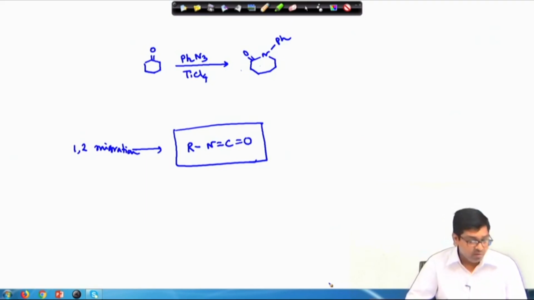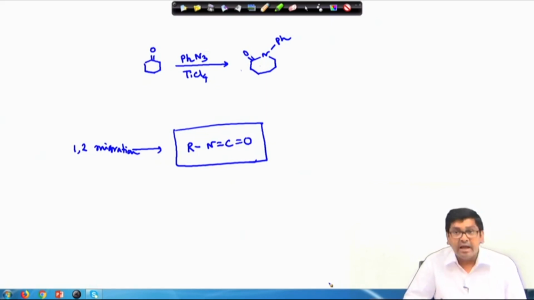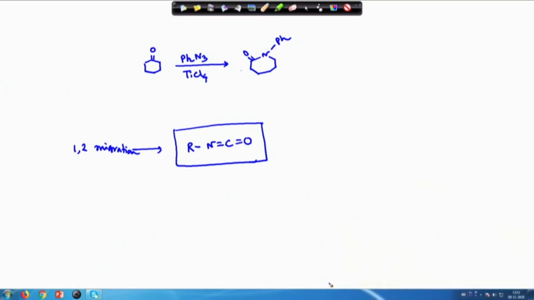Okay. Now, if we do the summary of these nitrenes, what did we find? This is a monovalent nitrogen species, and this is isoelectronic with carbenes and contains 6 electrons. These are highly reactive and generally electrophilic in nature, as they are electron deficient species, and they can be singlet or triplet, and obviously due to their different electronic structure, their reactivity is different from carbenes.